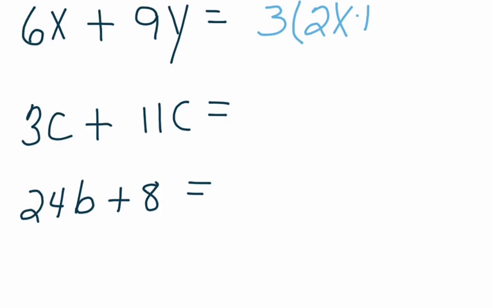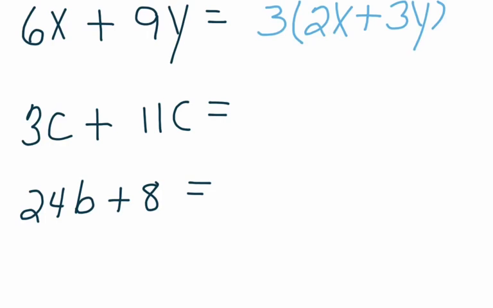And then we're going to do the same thing for 9y, okay? 3 times what number equals 9? 3 times 3 equals 9, and we still have the y. So 6x plus 9y is equal to or equivalent to 3 times 2x plus 3y.